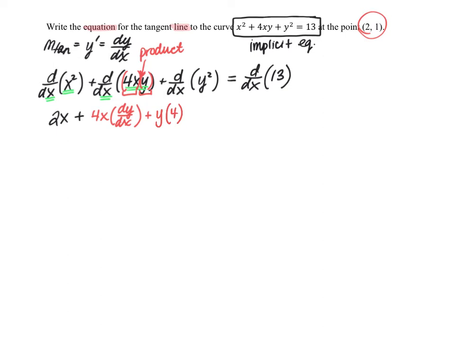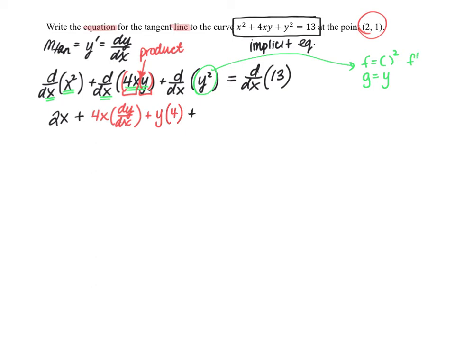And then moving on, we have plus the derivative of y squared. So that, again, I have to treat this like it's a composite function. So one way to think of it is like my outer function is something squared, and my inner function is the function y. Now remember, y isn't this unknown. It's an unknown equation, if you will, but it would be in terms of x.